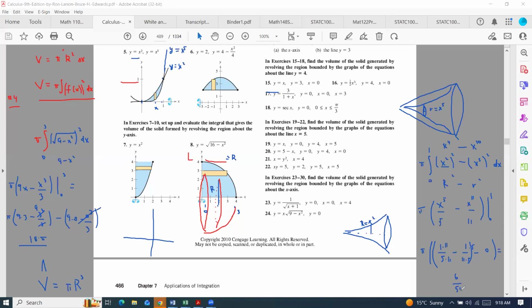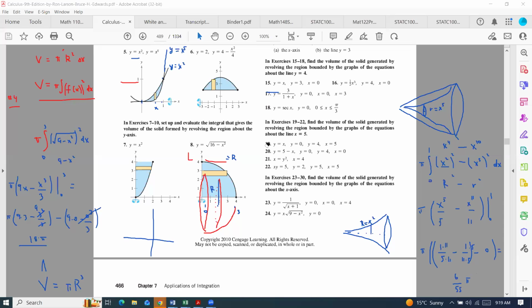And then pi attached to it. And that's our volume. People say that's cubic units because it's volume, so it is in little cubes, right? That's good to realize, by the way.